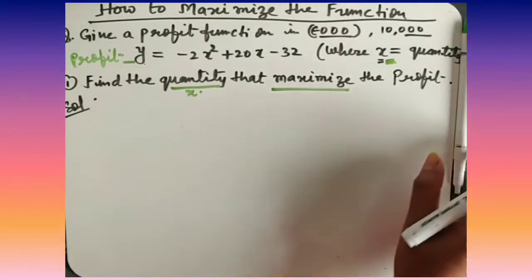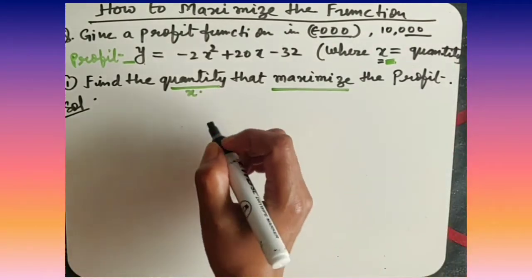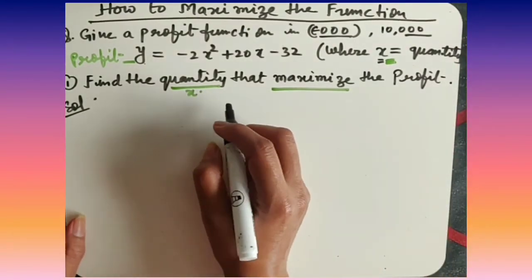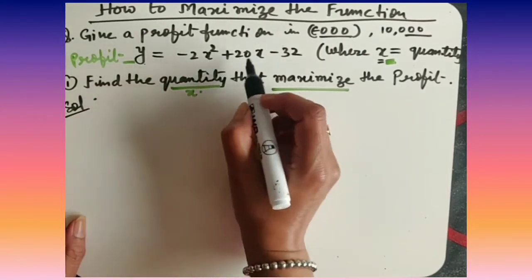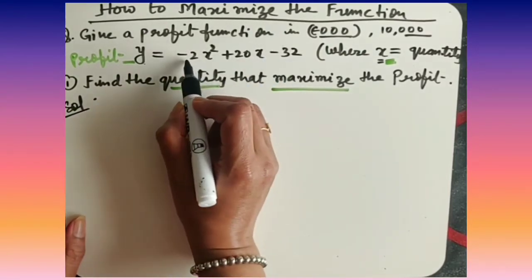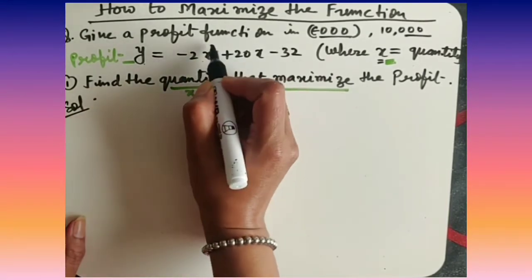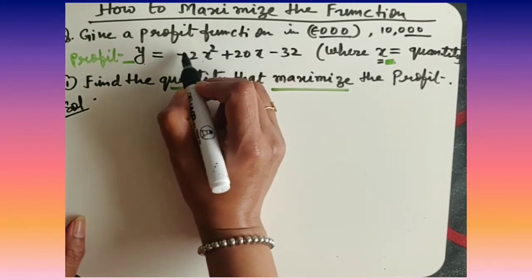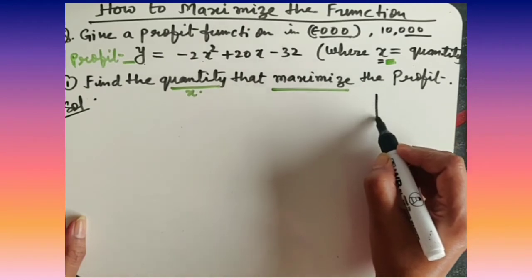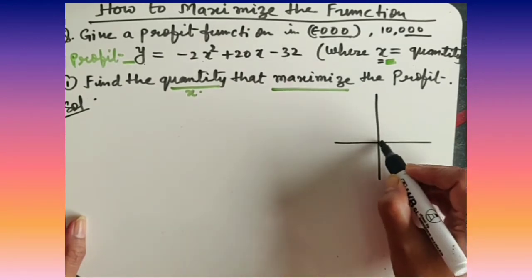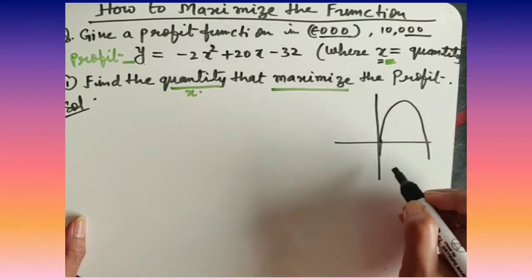So how to maximize any function? Let us understand. First, I will explain using the graph. This is the function y equal to minus 2x square plus 20x minus 32. It is a quadratic function, and if the coefficient of x square is negative, you will get an n-shape function.